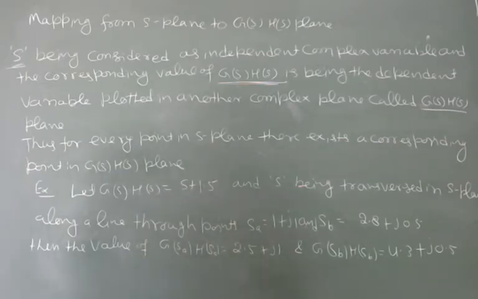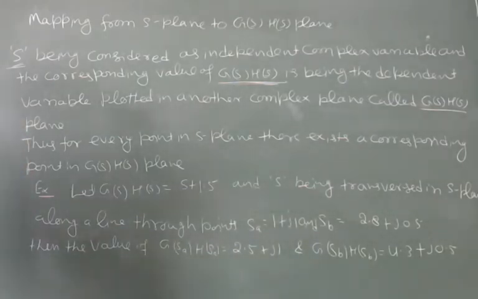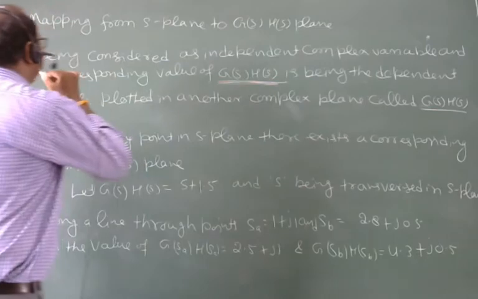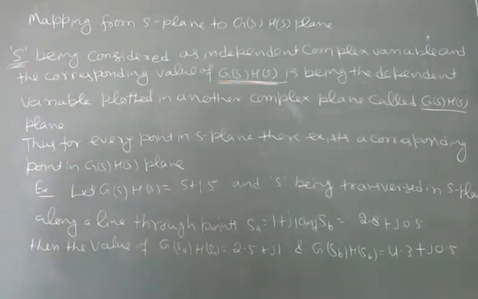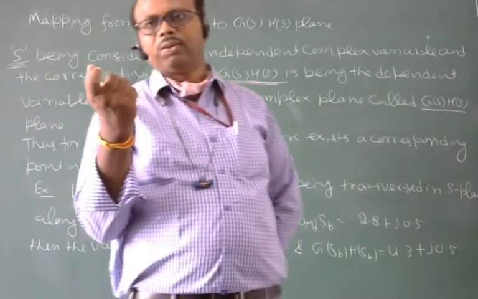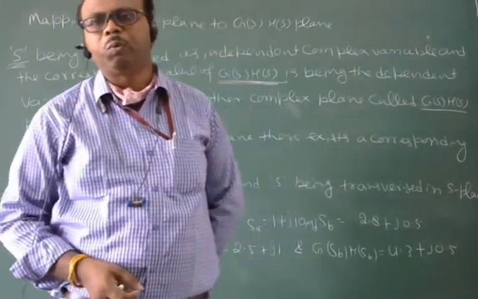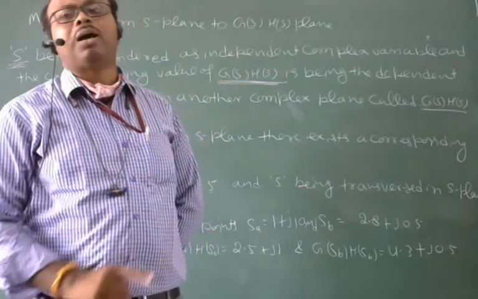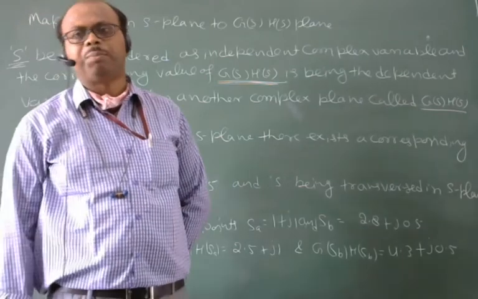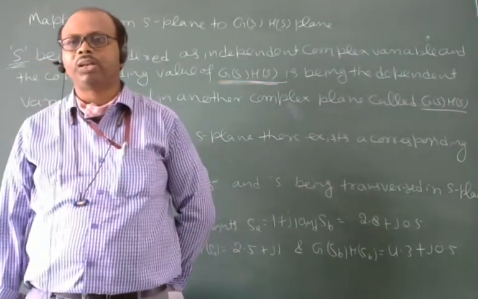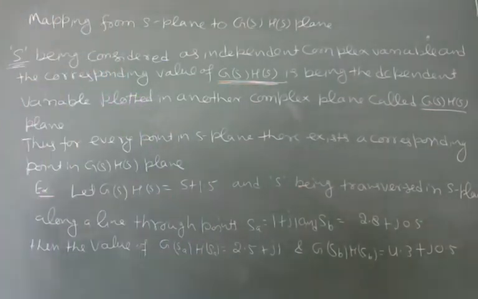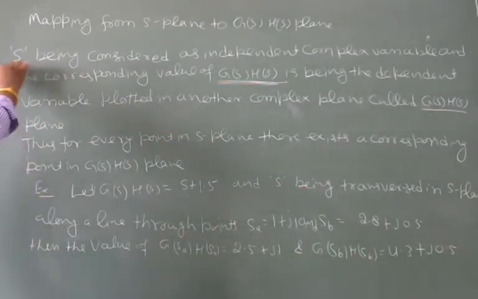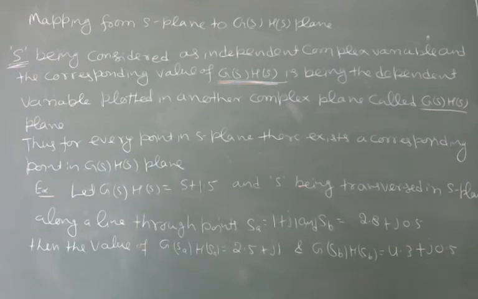And therefore the value of GSHS will be valid for every S. Means if in S plane there is a point sigma plus j omega, then there will be a corresponding point in GSHS plane, because S is the independent variable and GSHS is the dependent variable.